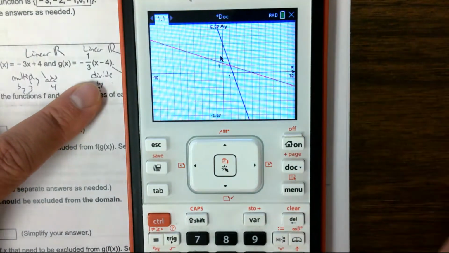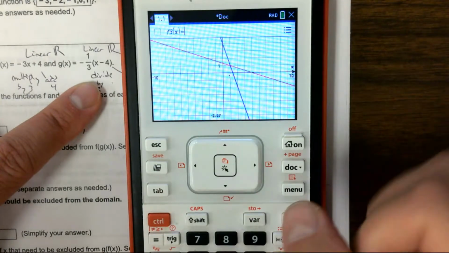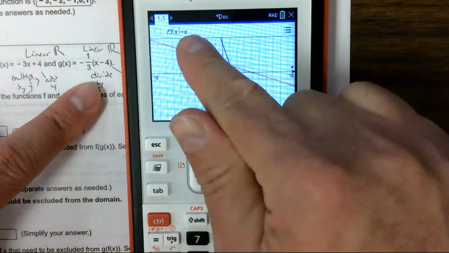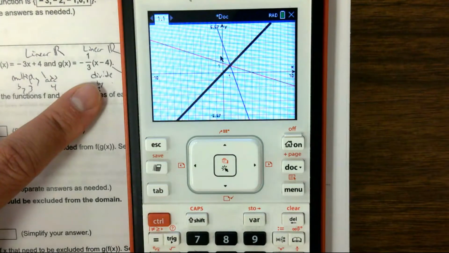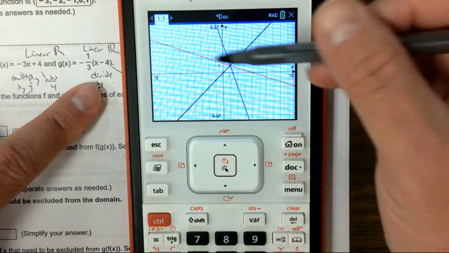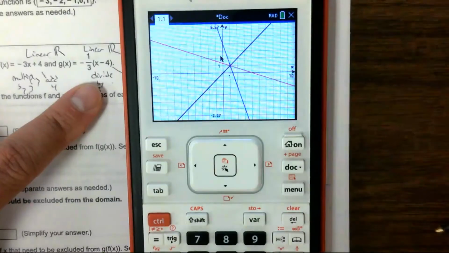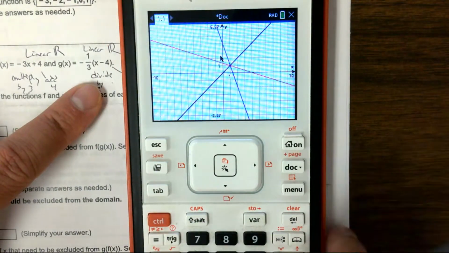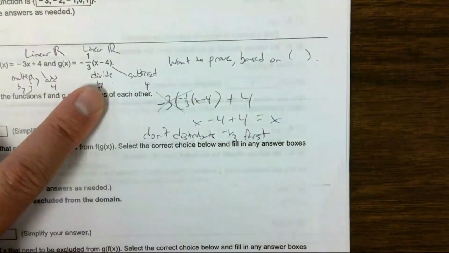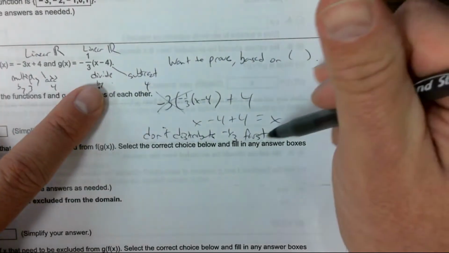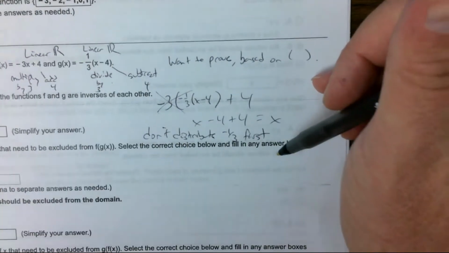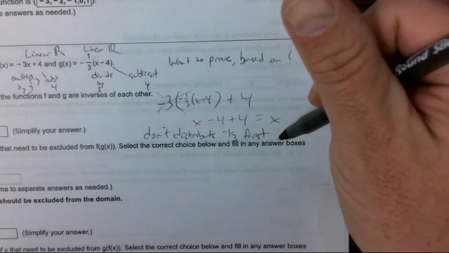Now what I was saying, like from the notes, if we put just x here, then you're going to see how these correspond. They're mirror images based on y equals x. And so if that's the case, then it would be the inverse.